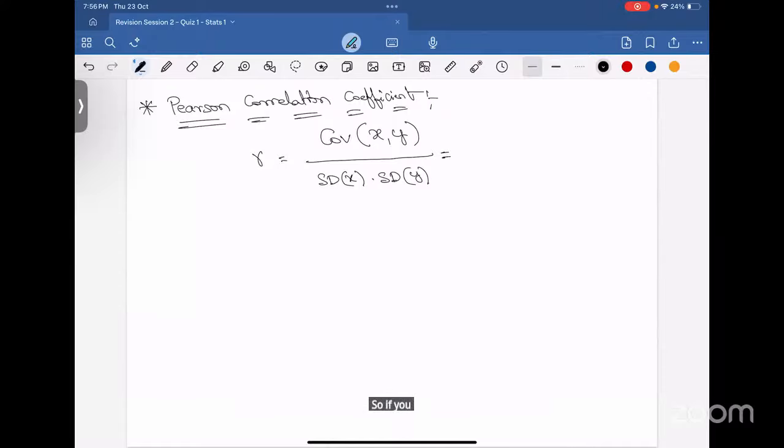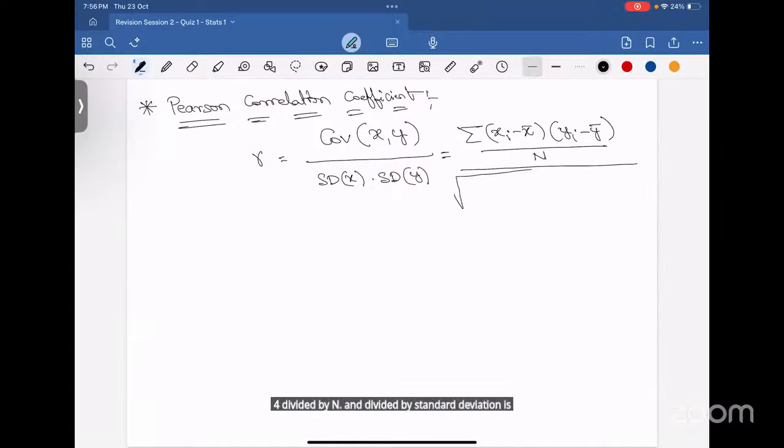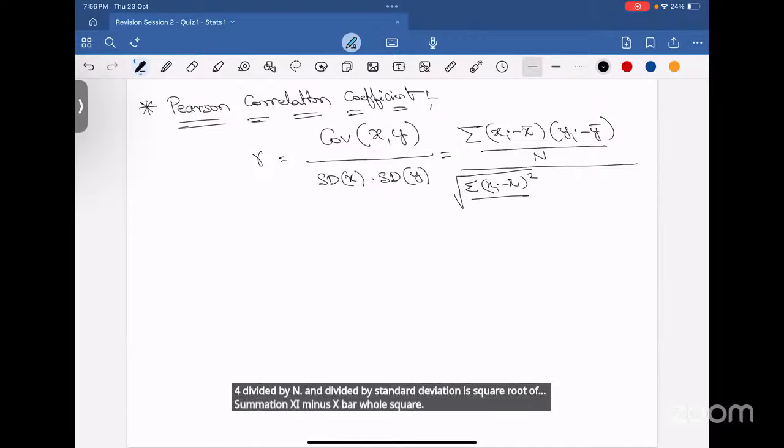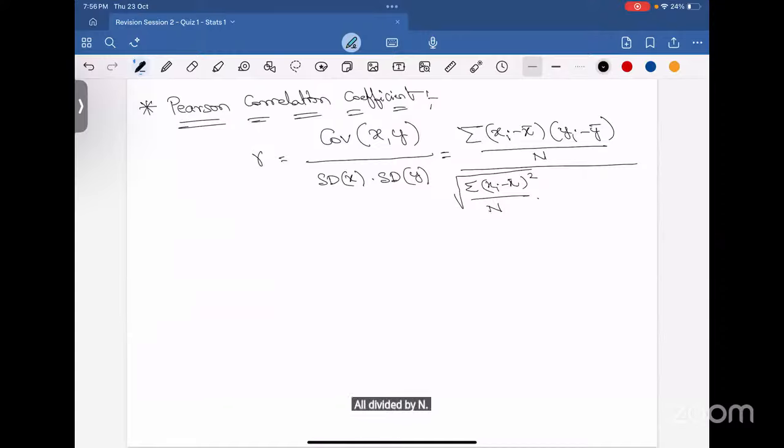So if you write it explicitly, covariance of xy will be summation of xi minus x bar into yi minus y bar whole divided by n, and divided by the standard deviation, which is square root of summation xi minus x bar whole square divided by n, into square root of summation yi minus y bar whole square divided by n.